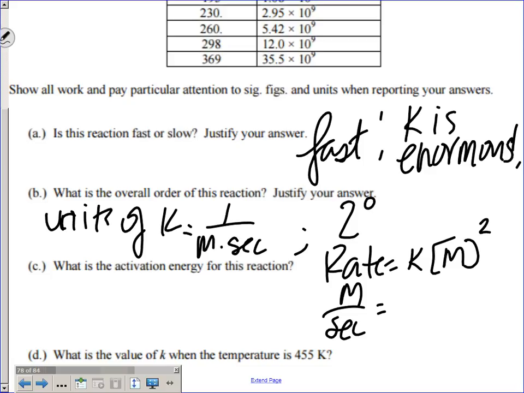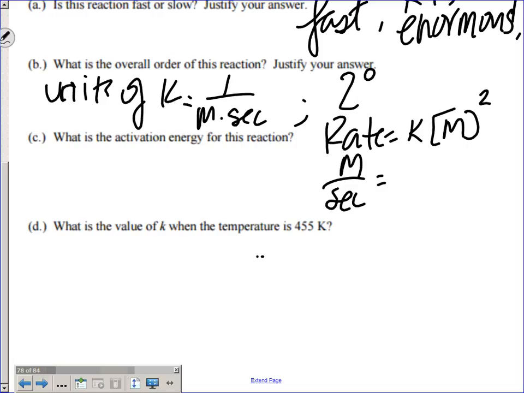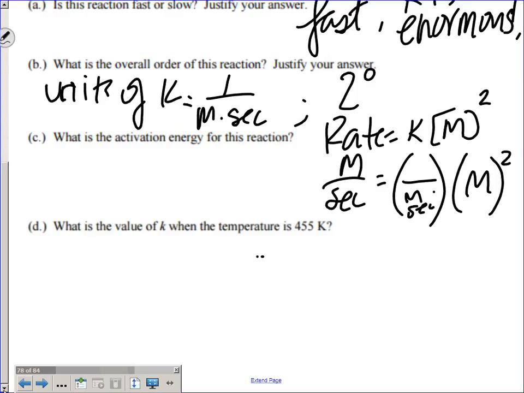Because you just need to make the units cancel out, right? So if you have something here and you have molarity squared here, one of the molarities has to stay on top, one of them has to cancel, and then how the heck does seconds just appear? It doesn't, right? You have to have it down here as well. And so that agrees here, definitely second order. You guys pick that up now from the data? Yes? Yes. Thank you.